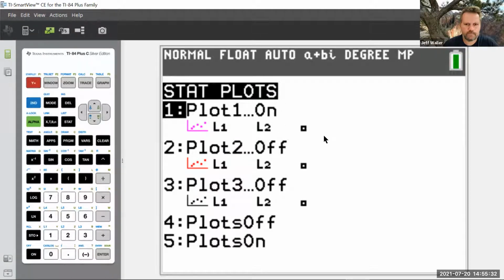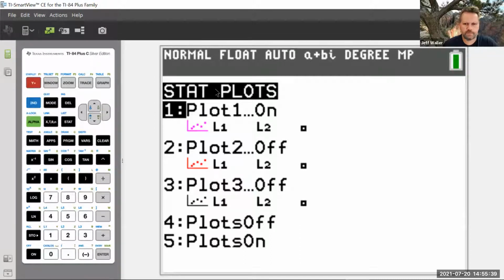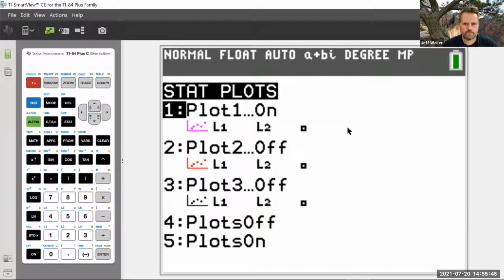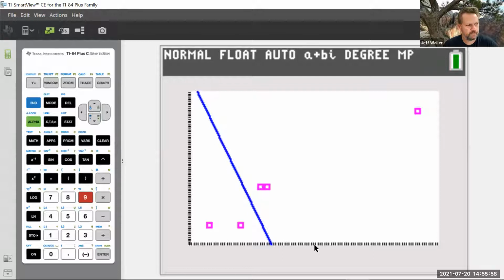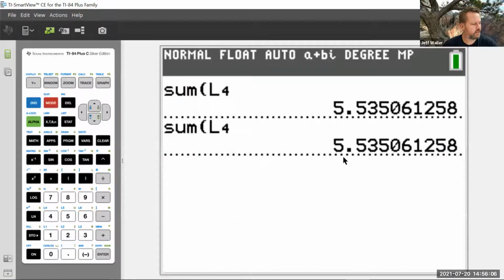Yes, now it's on. And it looks just like this here? Okay. Now hit zoom 9. That's what you always have to hit when you have new data. Now it looked like this.